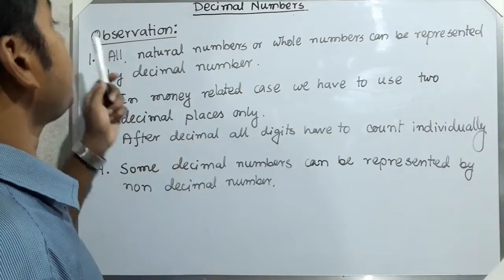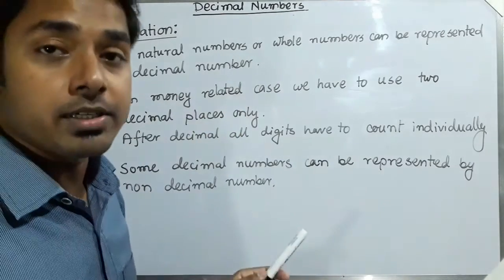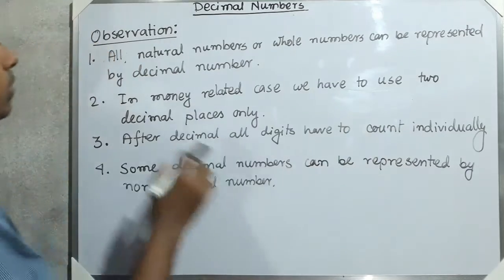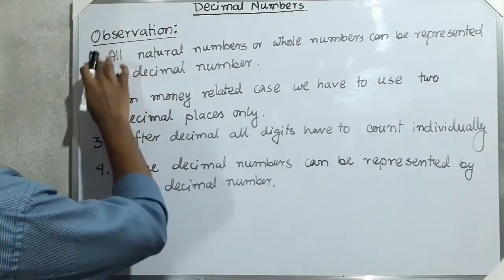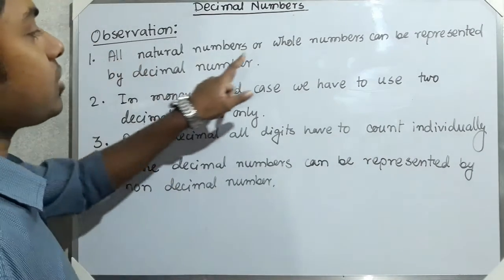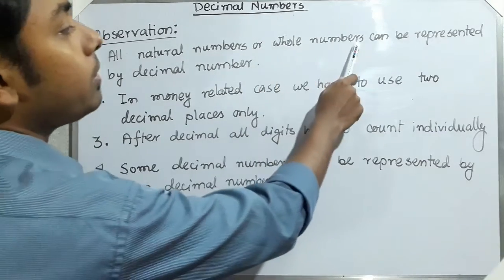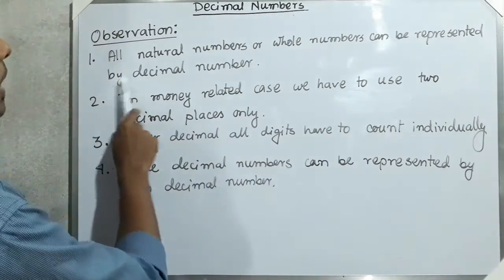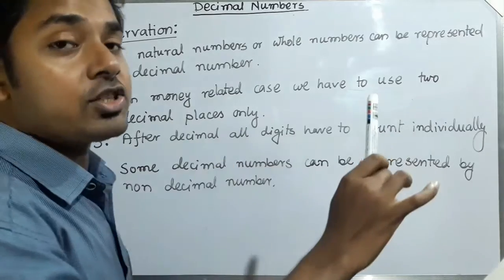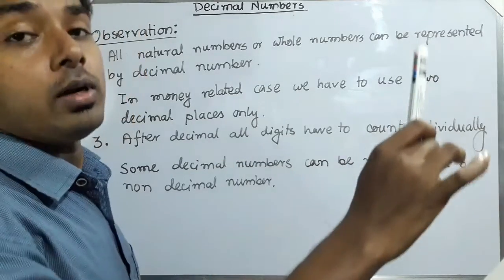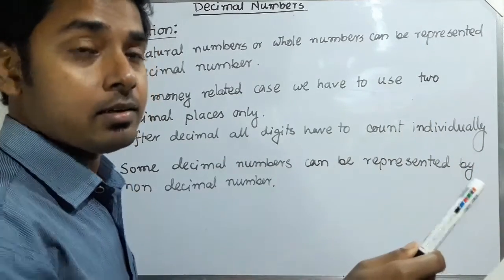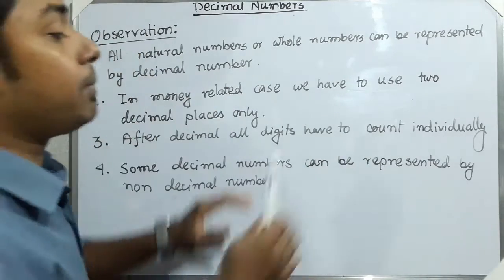Now we will see some observations about decimal numbers. What are the observations? One by one we will see. What is the first observation? All natural numbers or whole numbers can be represented by decimal numbers.